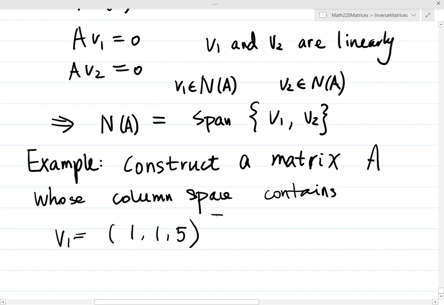Column vector, we write the column in column, so it's a row vector transpose. And V2. V2 is 0, 3, 1 transpose.